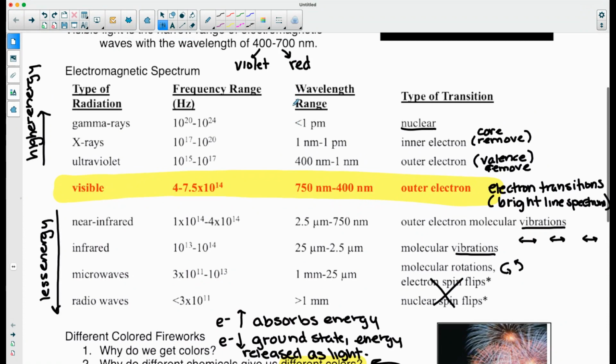We said that violet is the higher energy end of the visible spectrum, and that red is the lower energy end of the visible spectrum. And we talked about the fact that radio waves is at the lower end of energy, and gamma is at the higher end of energy, and that the wavelength and the frequency are also related to this.